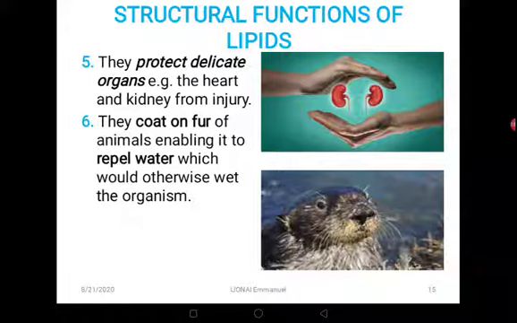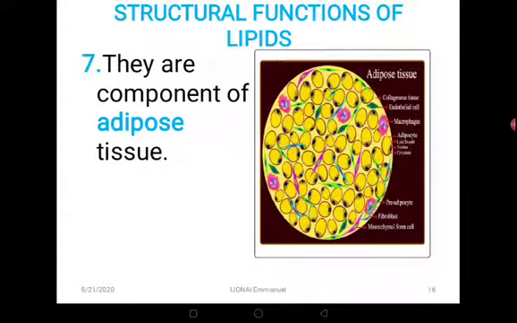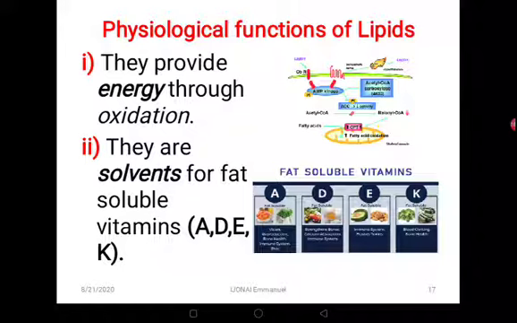So it's because of the repelling factor of the lipids that are found in their feathers and the fur. There are also components of adipose tissue, which is usually found under the skin. Sometimes metabolized, produce energy. Those are some of the structural functions.